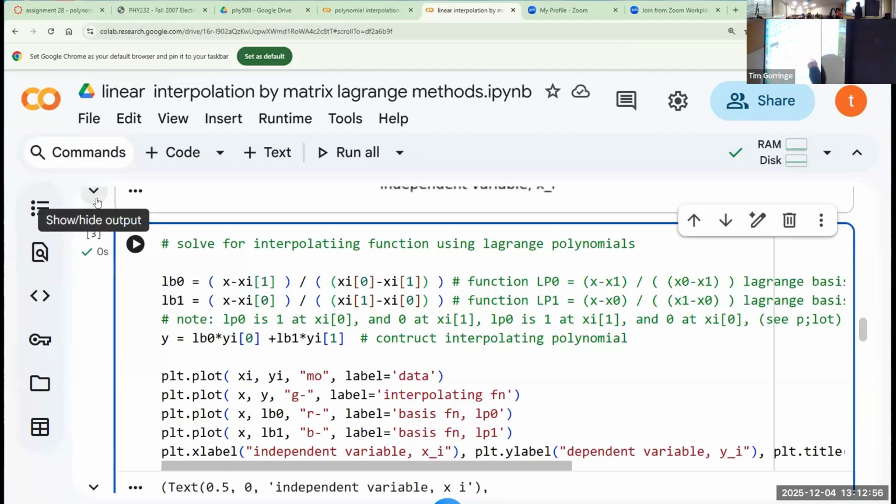Remember, in those equations there was an x without a subscript, which is the variable. So that's the x here, our proxy for a continuous variable, and it's in the numerator. But the other x's are just the x values corresponding to the different data points.